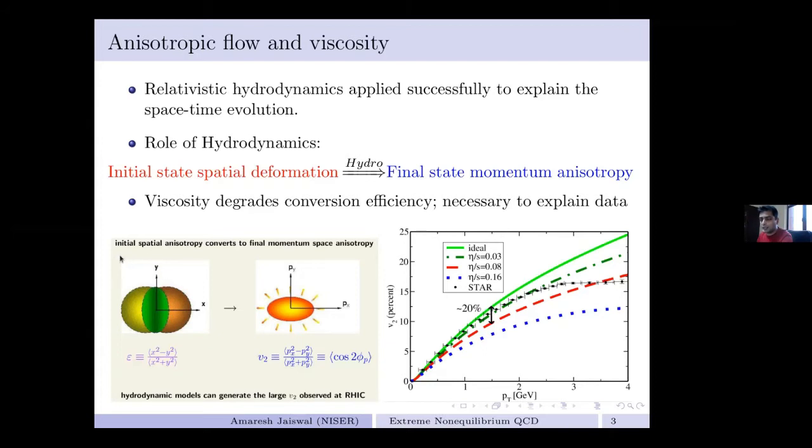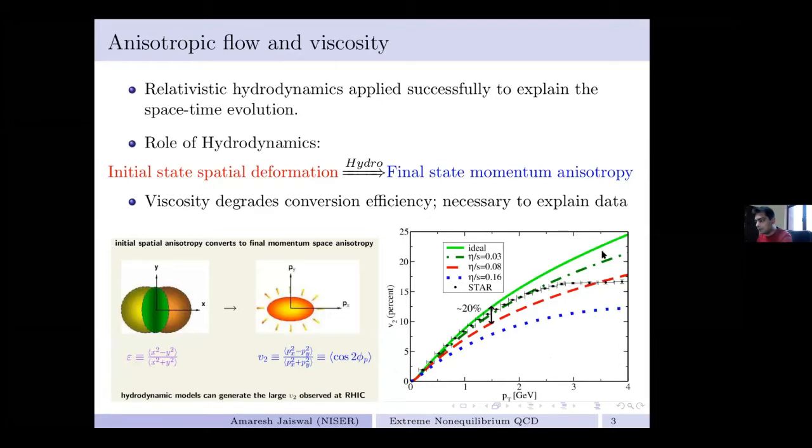On the left hand side of this figure, I show that the overlap zone at the initial time has an eccentricity, which is a spatial anisotropy, and once we apply hydro, we see the momentum anisotropy of the observed particles. The one which corresponds to this elliptic eccentricity is the elliptic flow v2, and this anisotropy is observed in the experimental measurements.